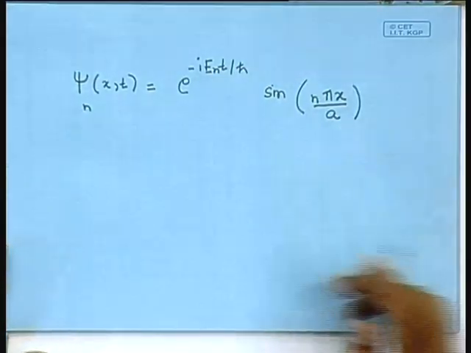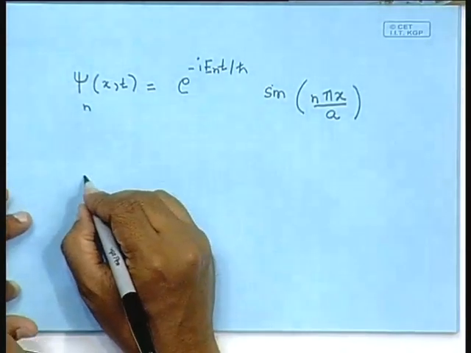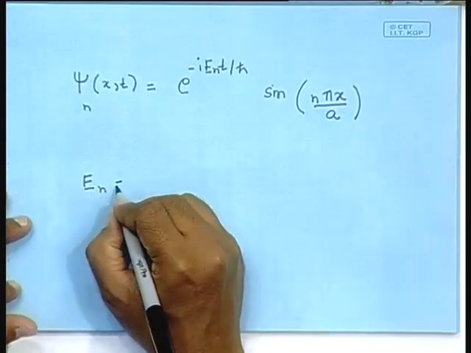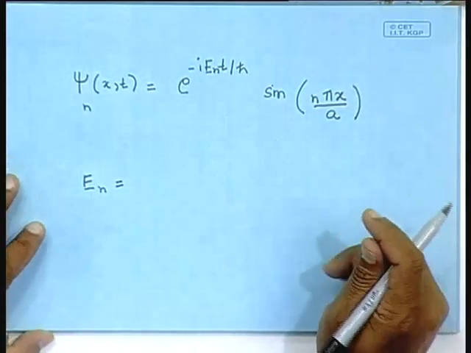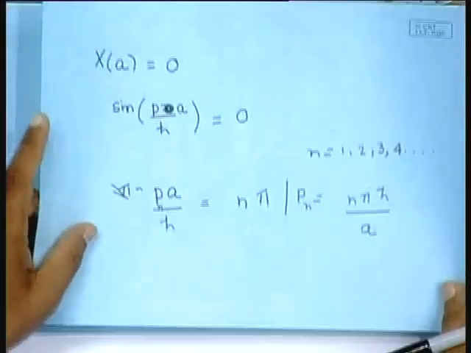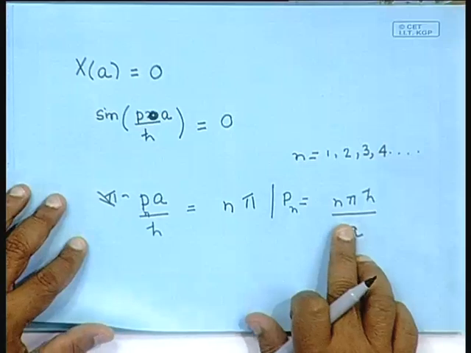And the corresponding energies En, remember the energy is p square by 2m, and the possible allowed values of p are shown over here.